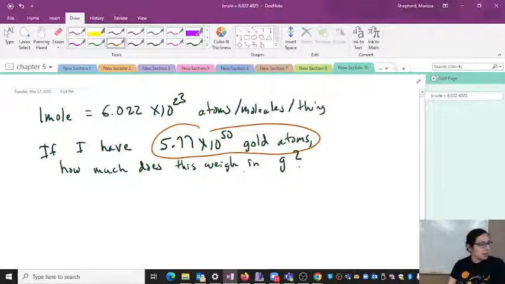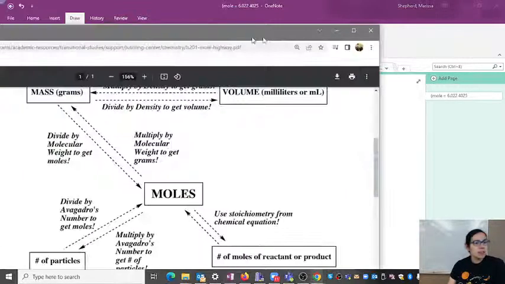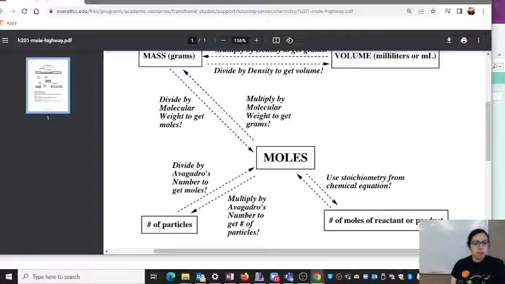I'm eventually trying to get to mass, so we can look at our mole highway to help us. We're at our number of particles. We have to get to moles, and then we can multiply by our molecular weight to get to grams. To get from particles to moles, we should divide by Avogadro's number.